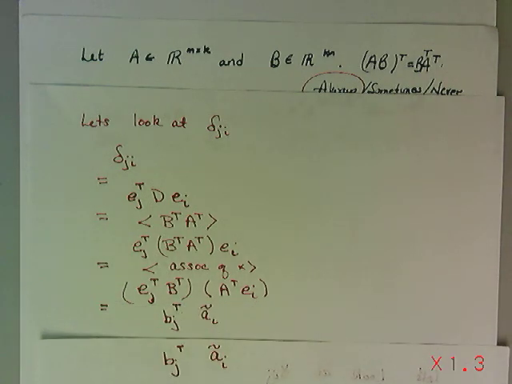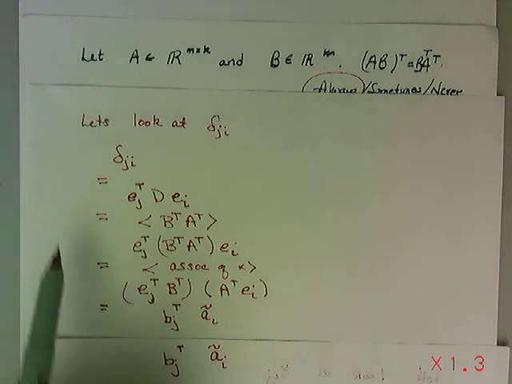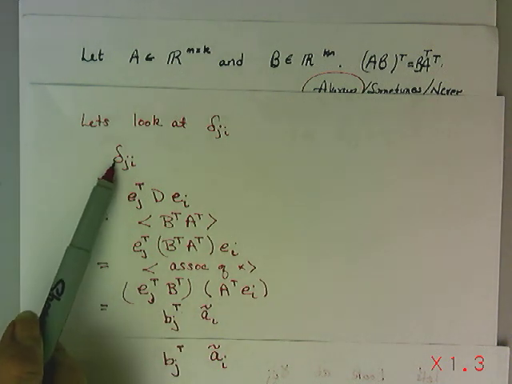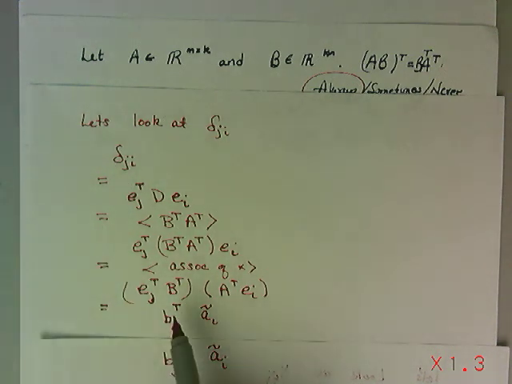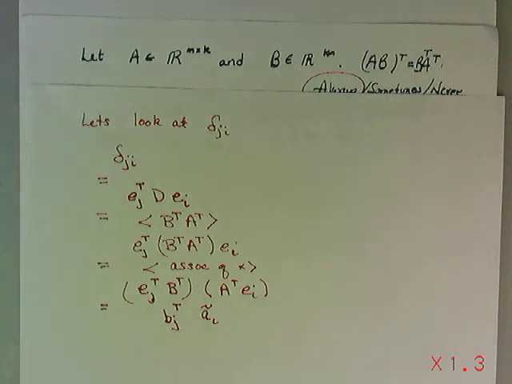So what we've just found is that the entry delta ji is found by taking the dot product of the jth column of B with the ith row of A. Okay, where are we?